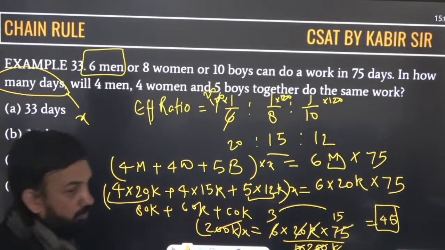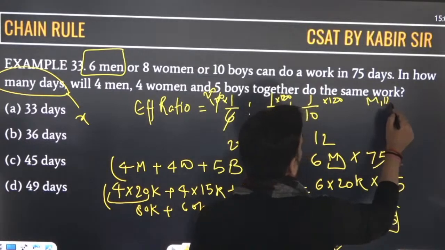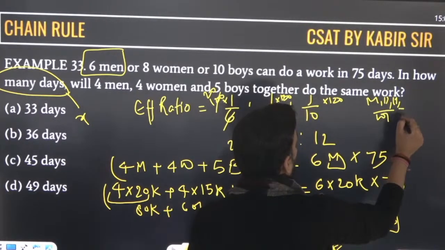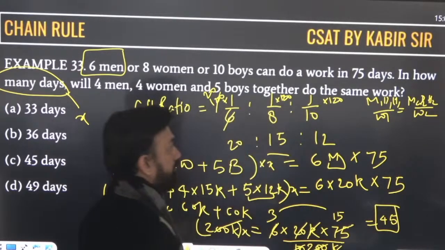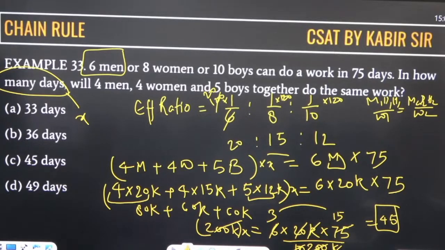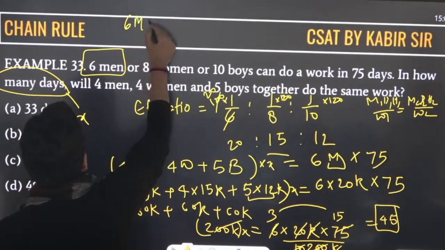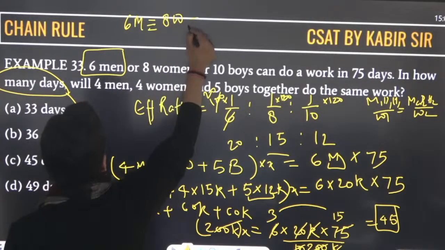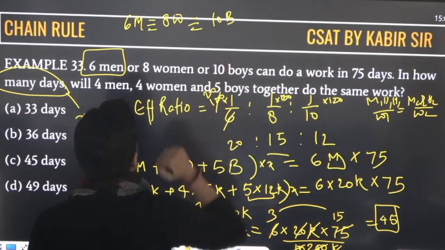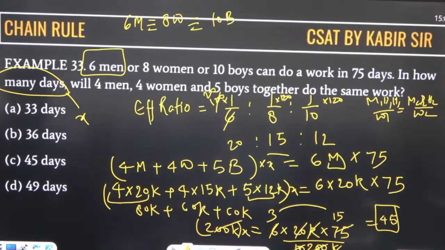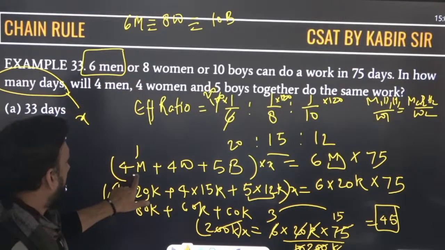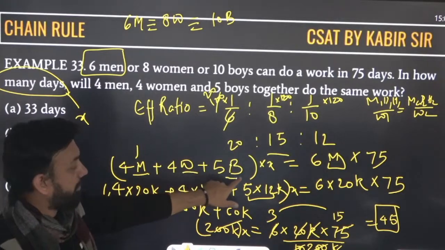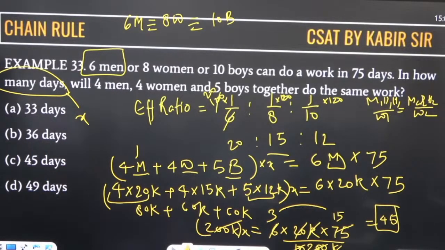We can use that formula also here, M1 D1 H1, right? You can solve this question using this formula also. So this is 6 men equal to 8 women equal to 10 boys, right? So you will convert men into boys, women into boys, leave the boys, right?